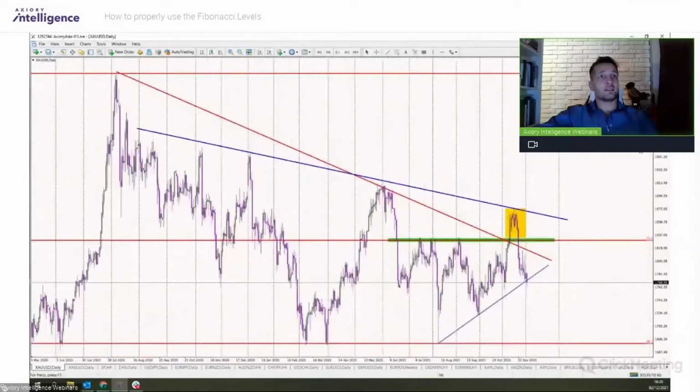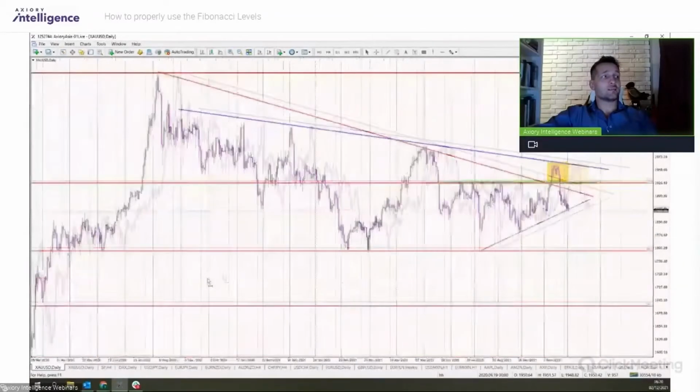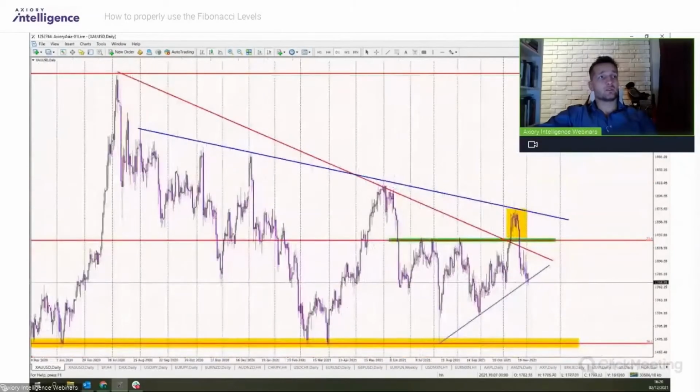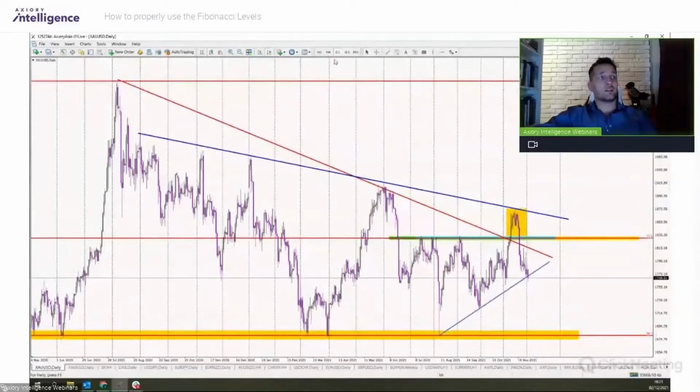Precisely on 38.2, which had the support from the previous price movements. Look. This is absolutely brilliant. 38.2 on gold is crucial. 23.6, look at this. Absolutely amazing. Gold respects Fibonacci now very closely.